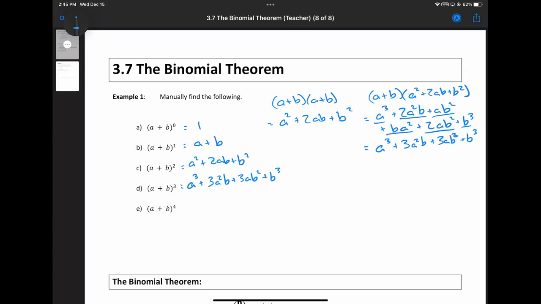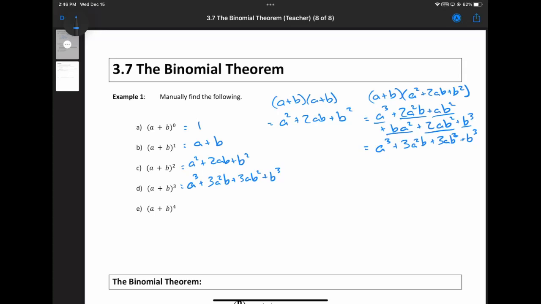Now, if I asked you to find out a plus b to the exponent 4 manually, could you do it? The answer is sure you could. We've got a couple of options. We could take our a plus b cubed that we just got and multiply it by another a plus b. We could take the a plus b squared that we got and multiply it by itself. If you would like to try it, you're more than welcome to.